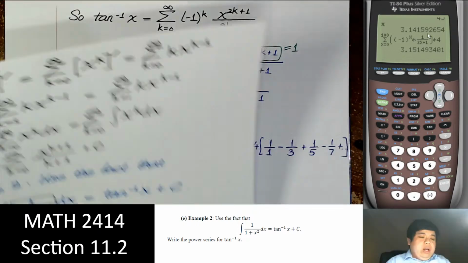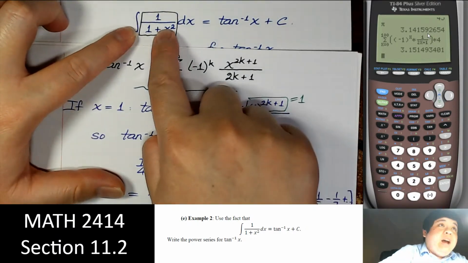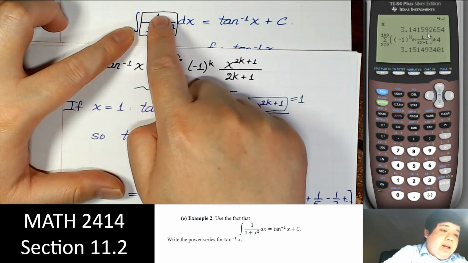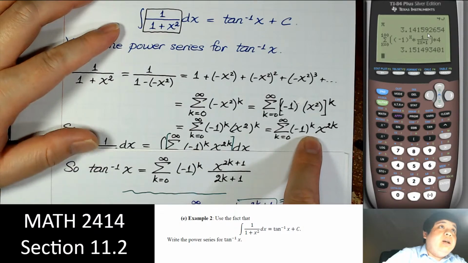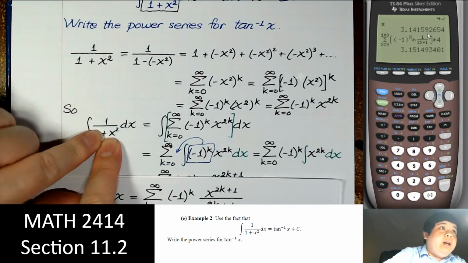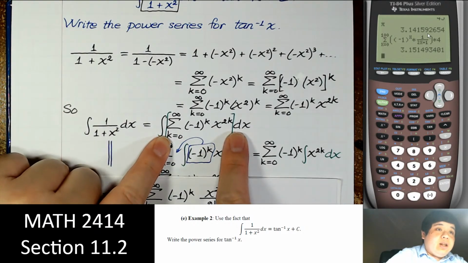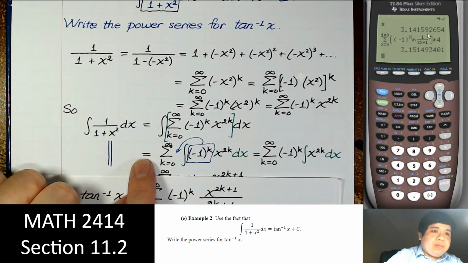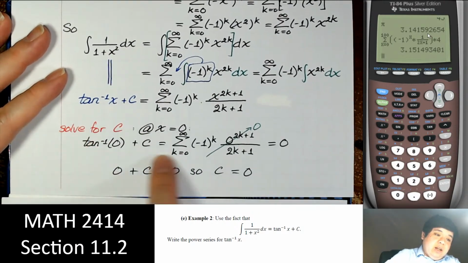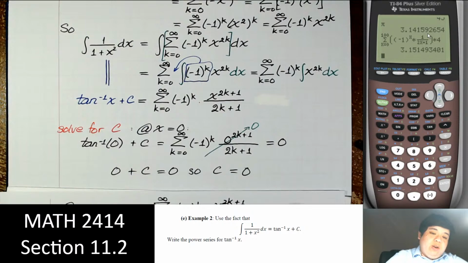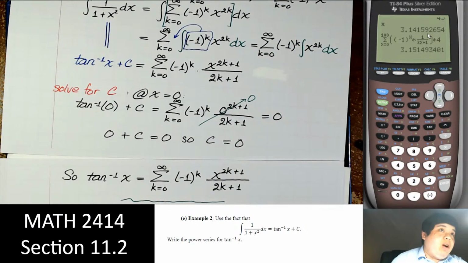So the point here is we have that, and we write that as a series. Now integrating the whole thing is like integrating the terms of the series. So we just integrate the terms of the series, and at the end we solve for c, where c equals 0, and that's pretty much it. That's the end of the problem.